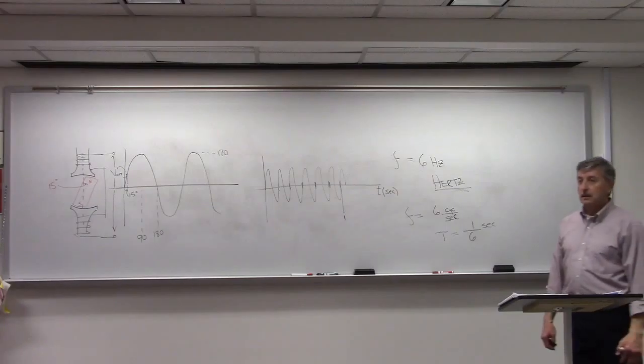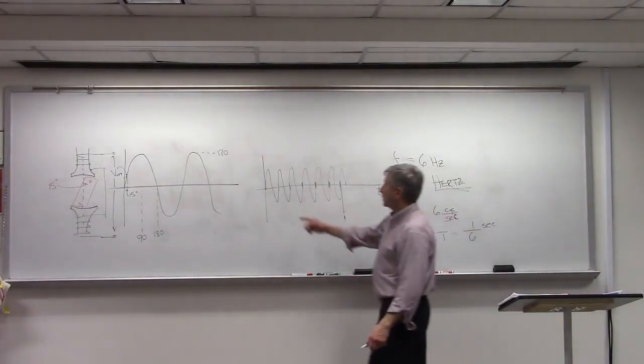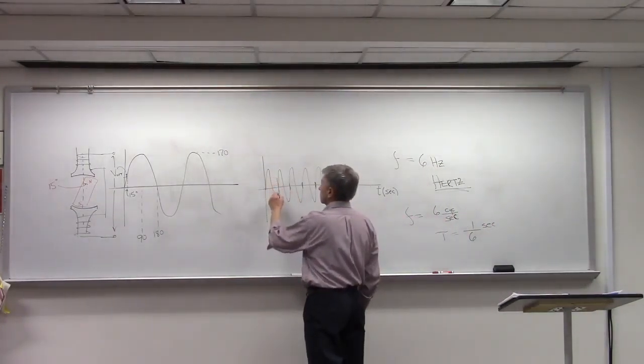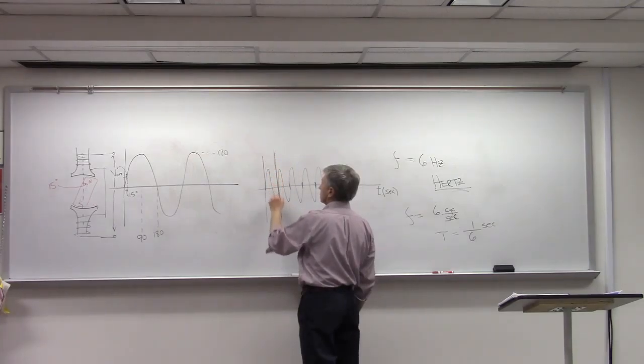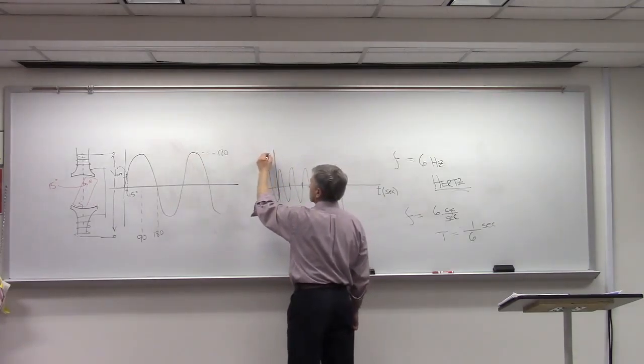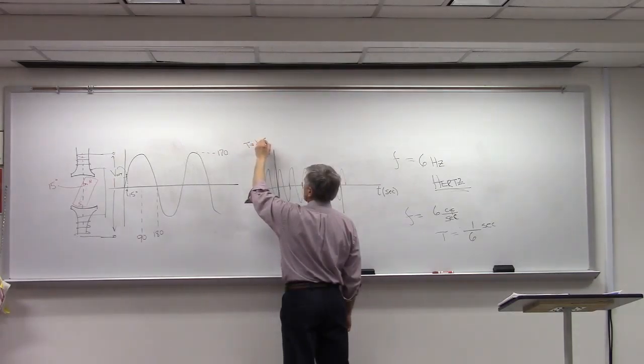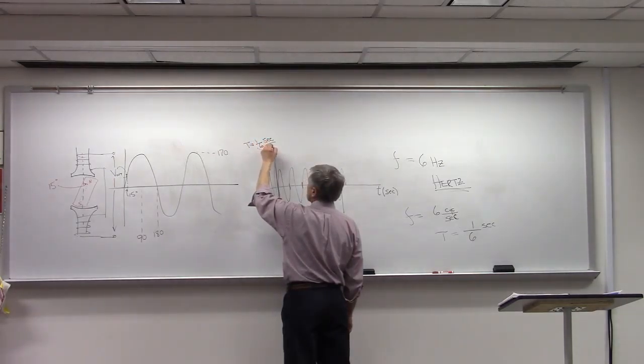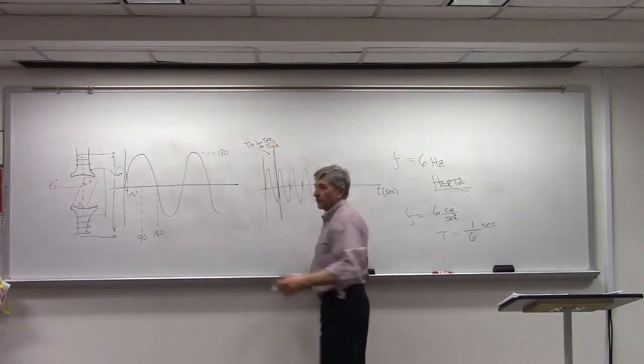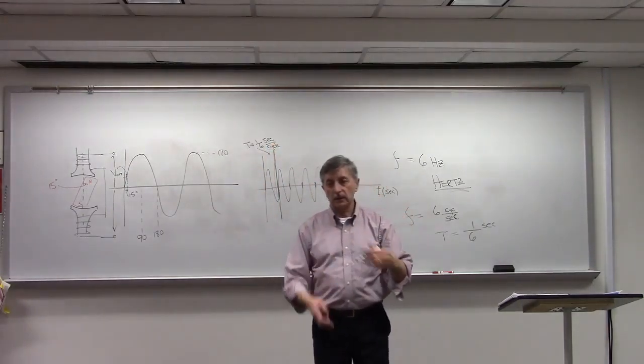How long does it take for 1 cycle? That amount of time is 1/6 seconds per cycle. So the frequency is just 1 over the period.